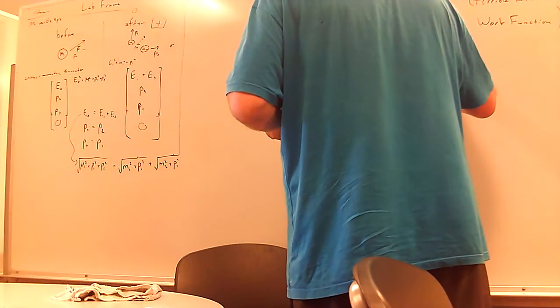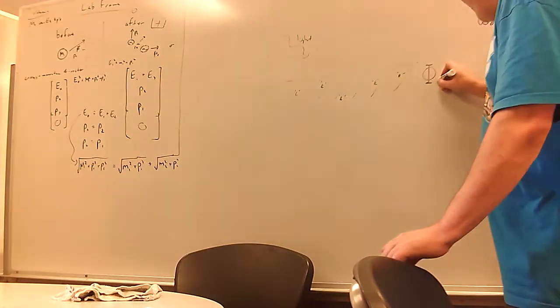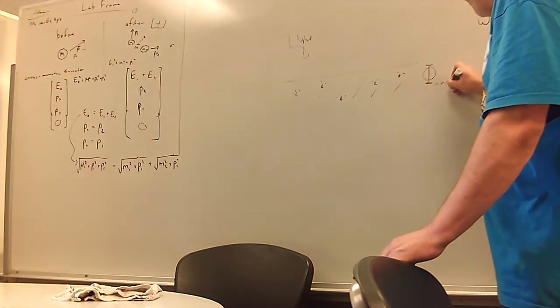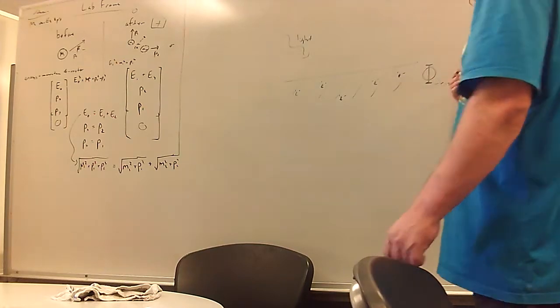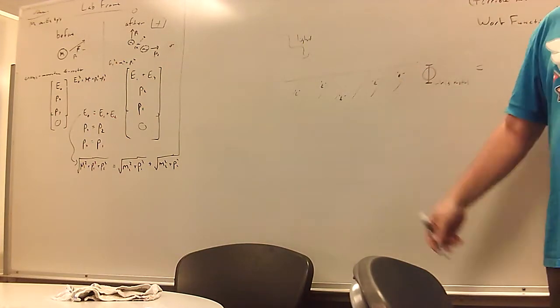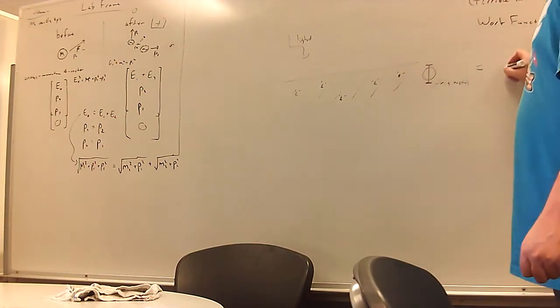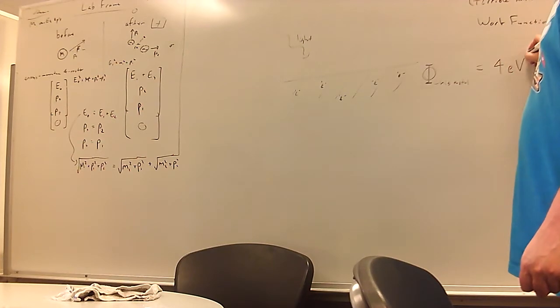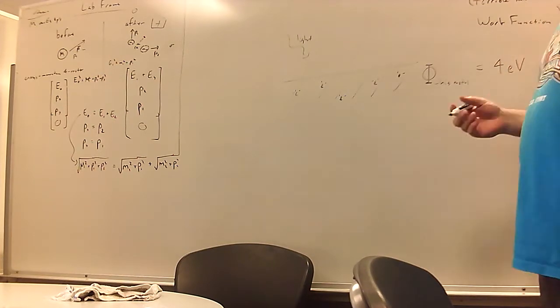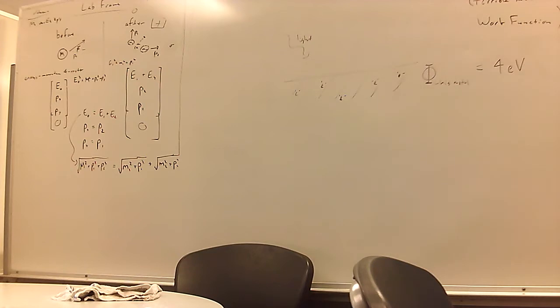So I send light waves down to deliver energy to this metal. And I figure if I deliver enough energy, I can probably pop some of those electrons loose from the metal. Now, each electron has a certain amount of binding energy to the metal.